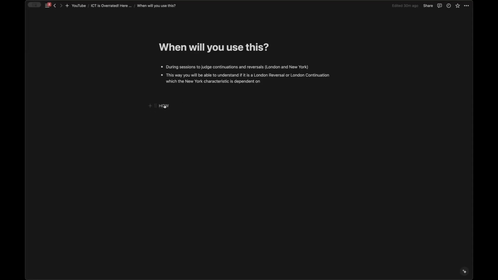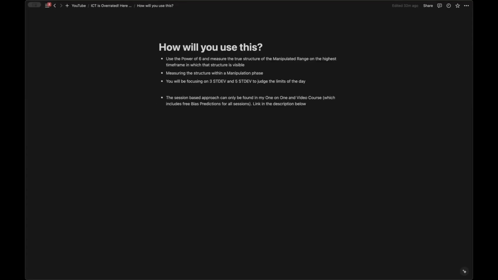Okay, how are we going to do this? How will you use this approach? You're going to use the power of 6 and you're going to measure the true structure of the manipulated range on the highest time frame in which that structure is visible. Now, when I say highest time frame, sometimes it's visible all the way from the M5 to H1, but you are going to keep it within M1 to M15 intraday.